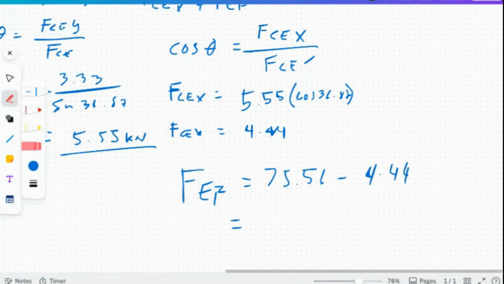We will have 71.12. It really depends on how far you were rounding your numbers. So that's 71.12, and it is positive. That means we have the right assumption of having it in tension.